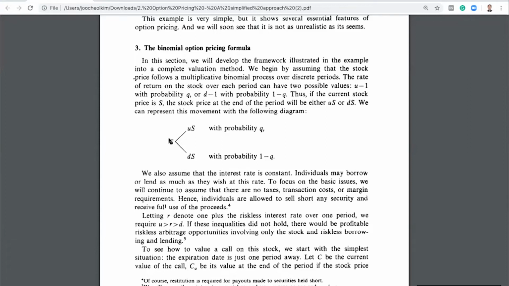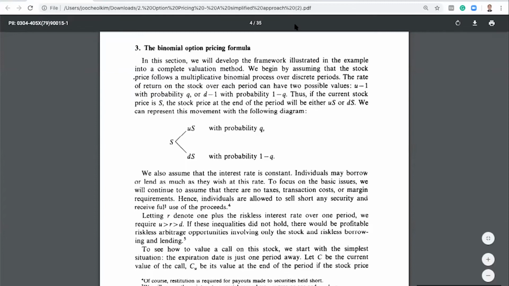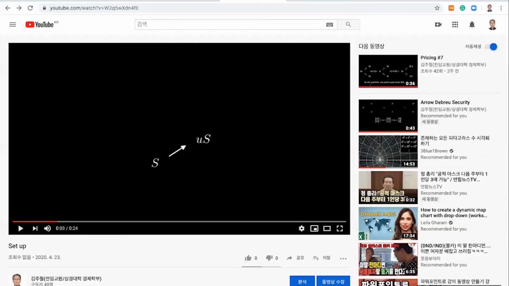And then what we also need is the bank. This is just the stock, and we are going to have a call option. For this, I prepared a YouTube video without any sound.